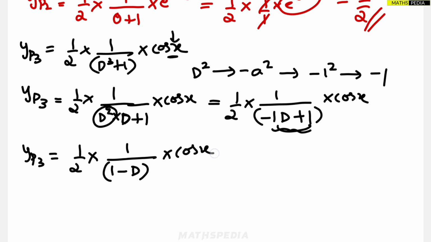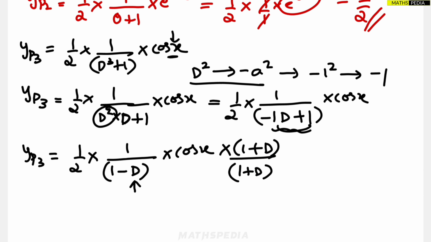Into cos x. Now here in denominator again we have problem because d term has come after substituting d square as something minus a square. So we have to eliminate the d value. So multiply and divide with 1 plus d and 1 plus d, so that we will get it in the form of a square minus b square.